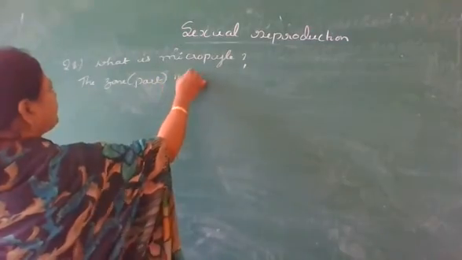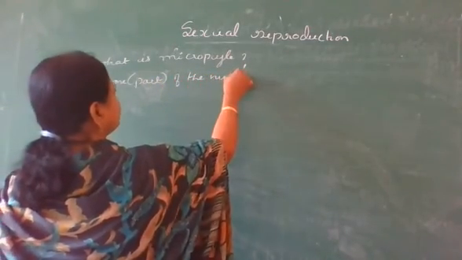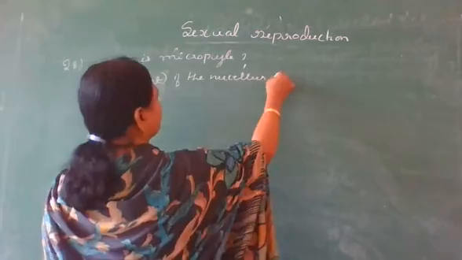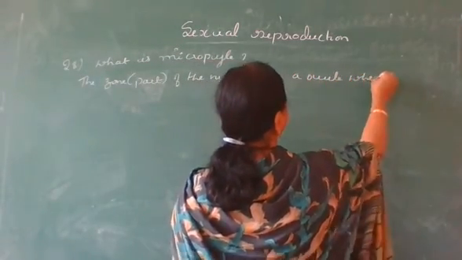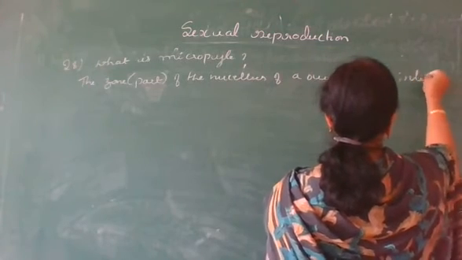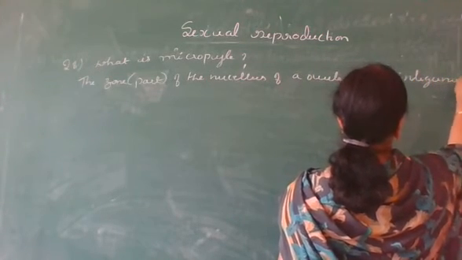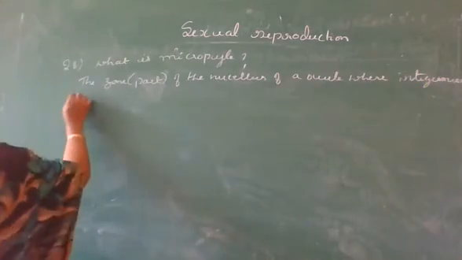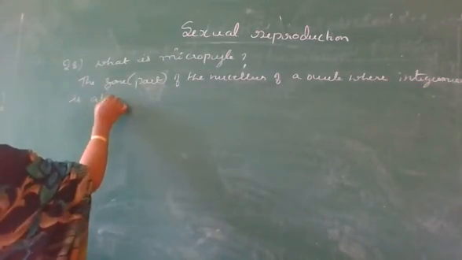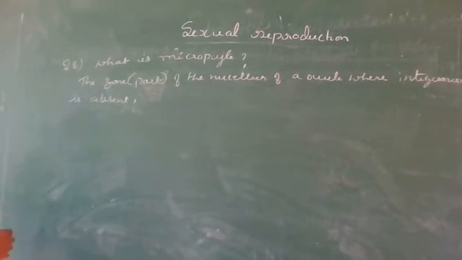The part of the nucellus of an ovule where integument is absent is called micropyle.